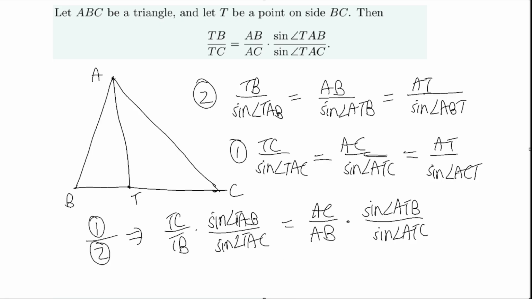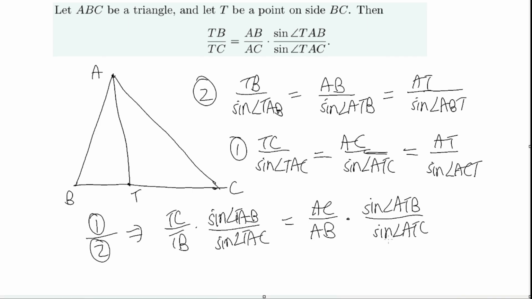All right, so what can we do now? If we try rearranging it into our desired form, we can move the TB over TC over here because we want to make it separate from these sines, and the AB over AC on this side because we want to combine it with the sines.